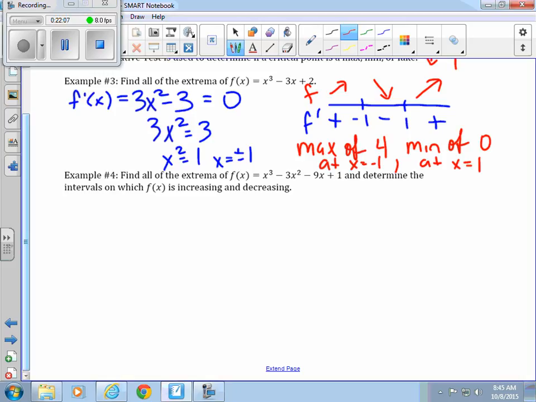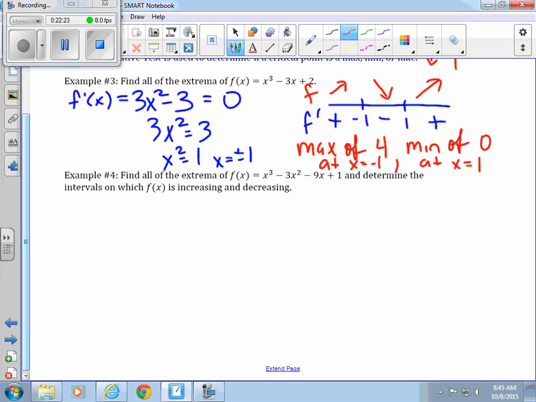So you have to say f prime changes from positive to negative at x equals negative 1, or f prime changes from negative to positive at x equals 1. You have to actually put what's on the sign chart in words.